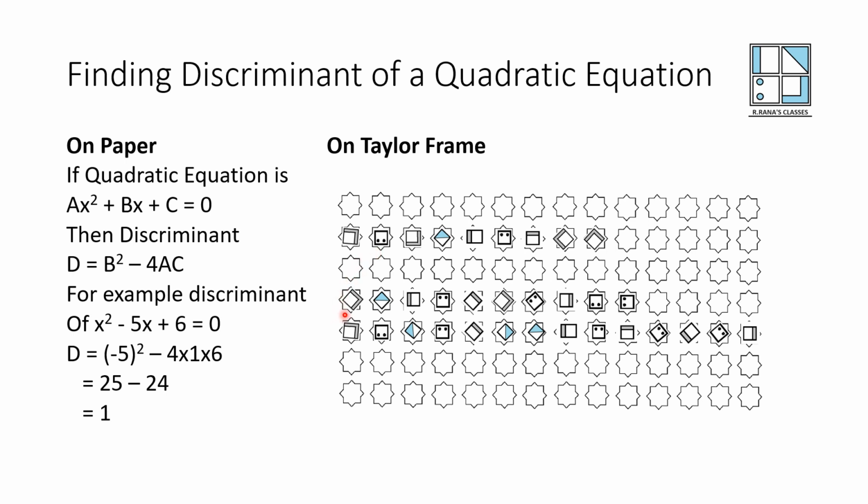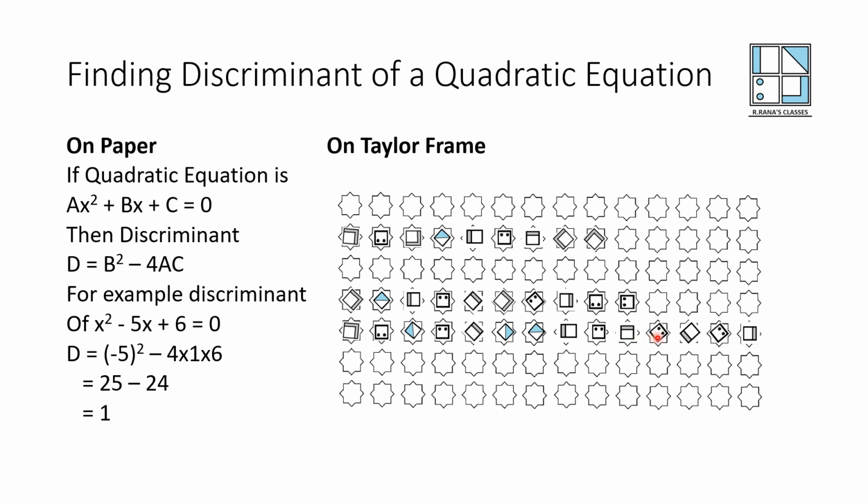In the equation x raised to power 2 minus 5x plus 6 is equal to 0, D is equal to brackets open minus 5 brackets close raised to power 2, that is minus 5 squared, minus 4ac.